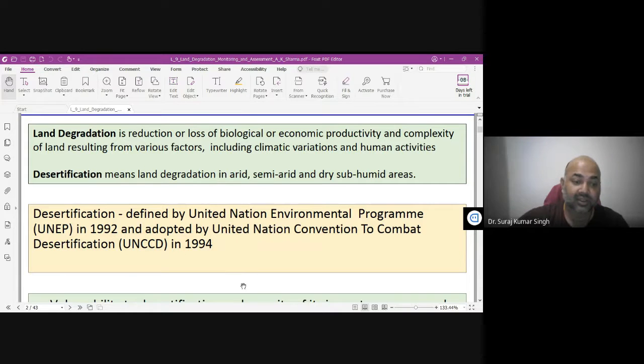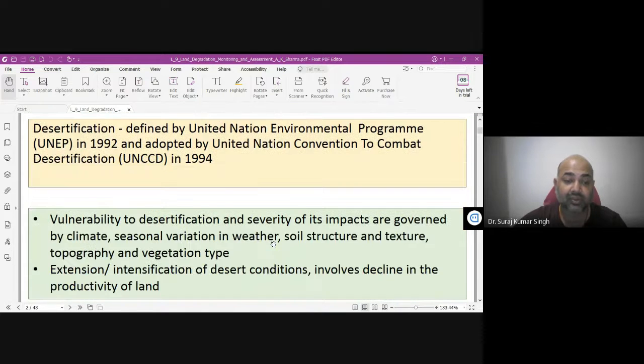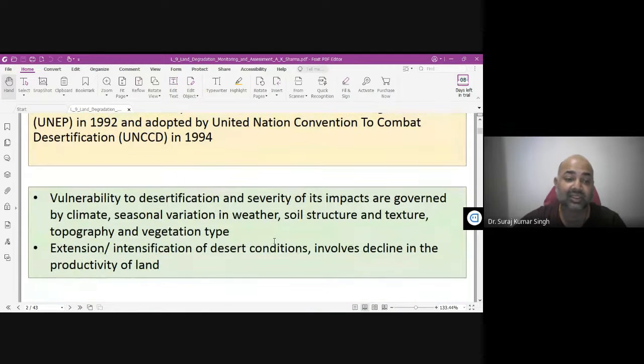So desertification was defined by the UNEP program in 1992 and adopted by the United Nations Convention to Combat Desertification in 1994. So what does it say? It says vulnerability to desertification and severity of its impacts are governed by climate.